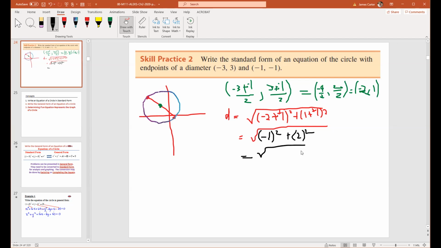So I get the square root of 1 plus 4, or the square root of 5.